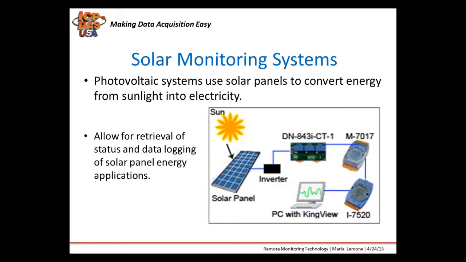They provide detailed status information like kilowatt hours and temperature. The information can be logged so reports can be pulled up as necessary. PV systems can be hardwired, wireless, or internet-based, and provide power monitoring and solar station information.